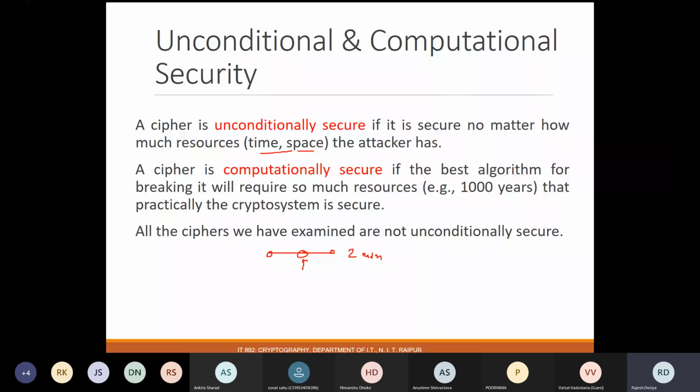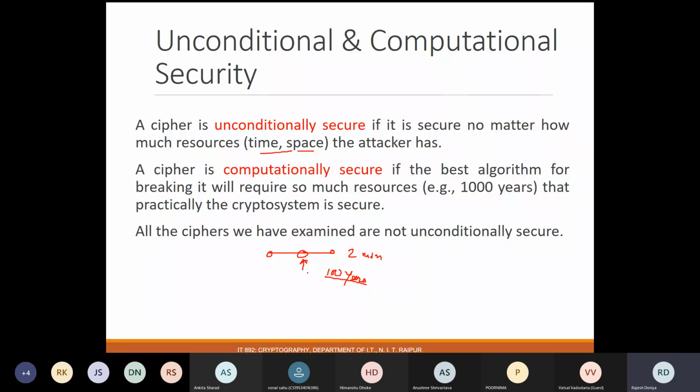That means the attacker can get this information, but it will take, let's say, 100 years. For this communication, that many years is more than sufficient, because you just want it secure for 2 minutes only. However, this is breakable, but it is going to take a huge amount of time.